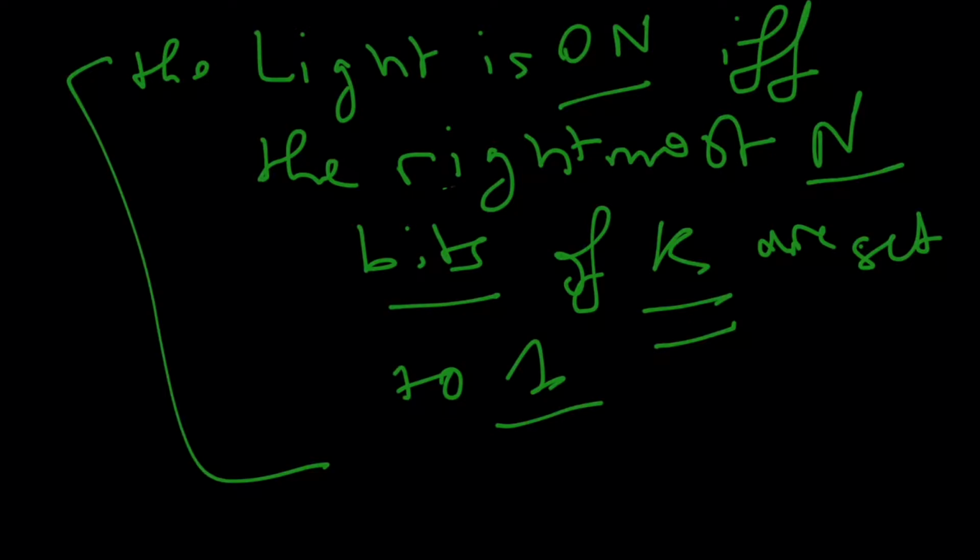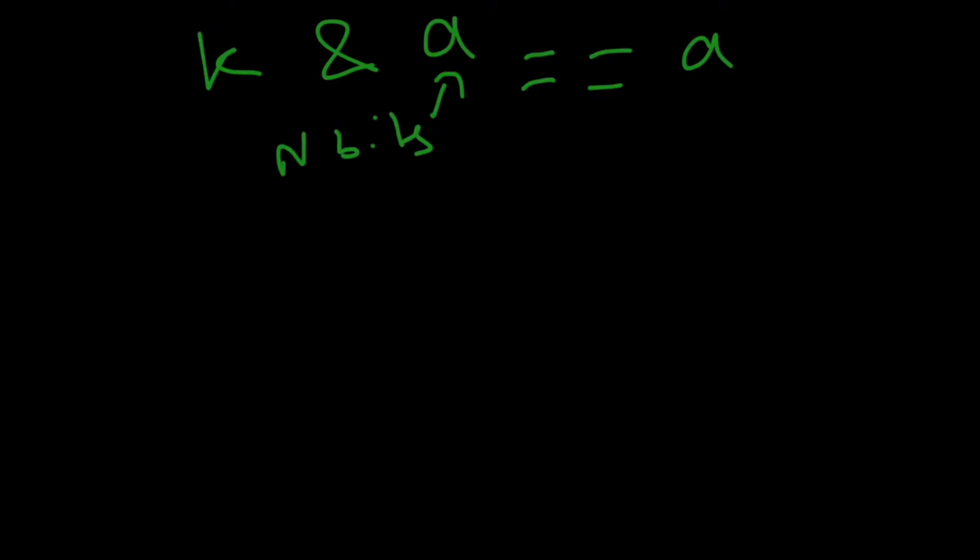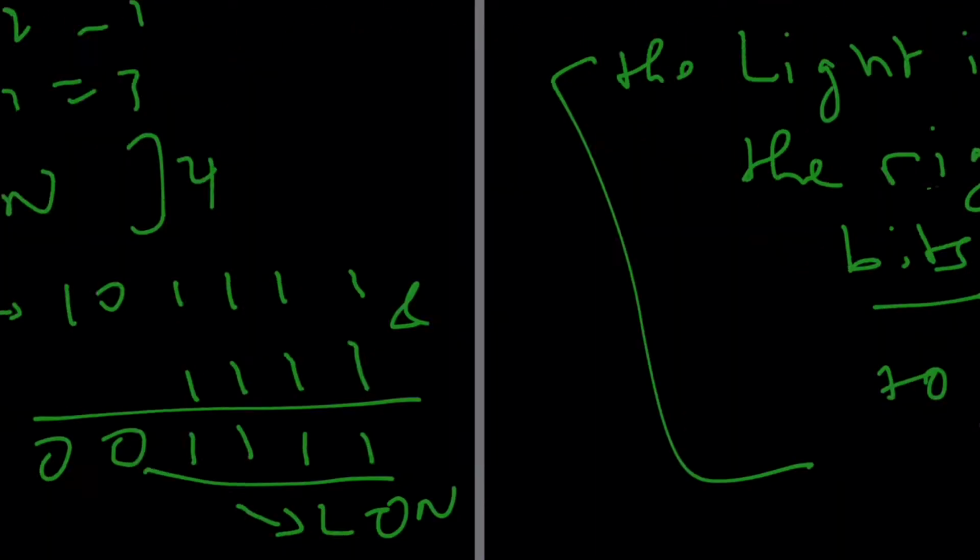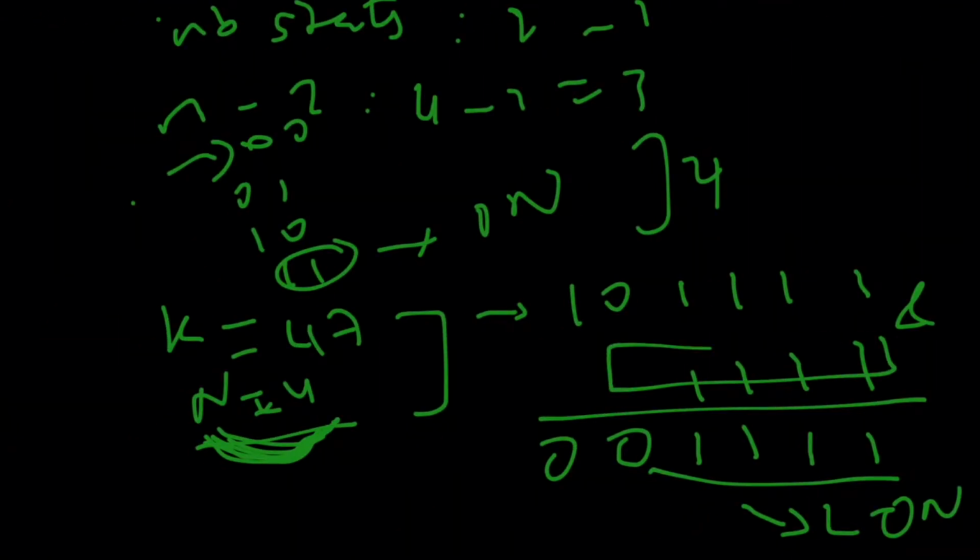So we can just figure out how to calculate that, and that would be just doing k AND a, with some value a, and checking if that equals a, which is having the n bits set, which is what we did here. So a is just this value here.